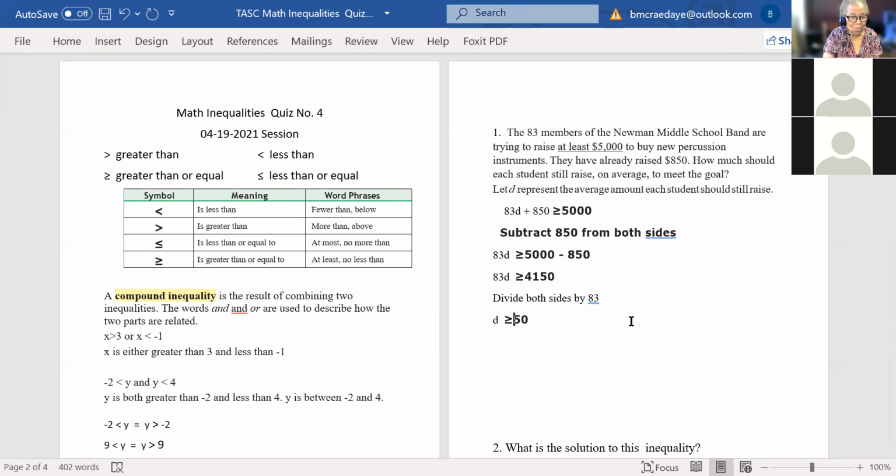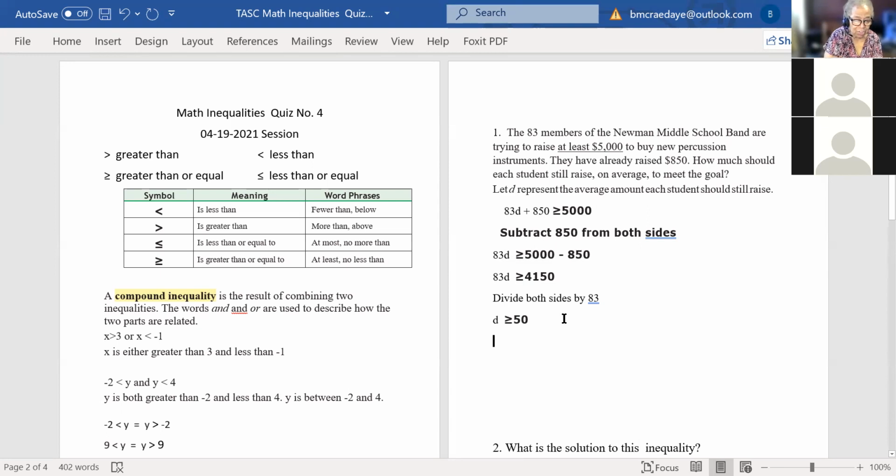Now, what does that mean? So it's greater than or equal to? Yes. That's how you say it. So D, the average amount each student should raise, should be greater than or equal to 50.